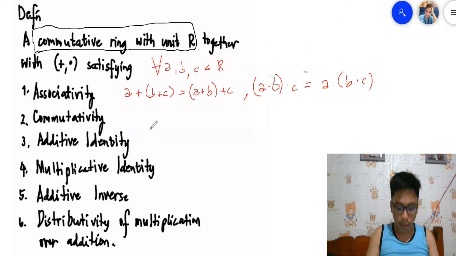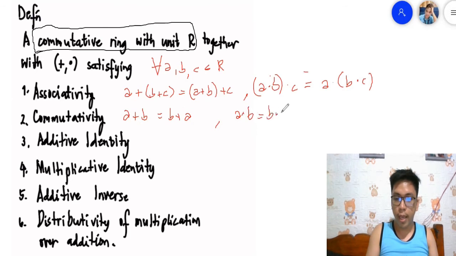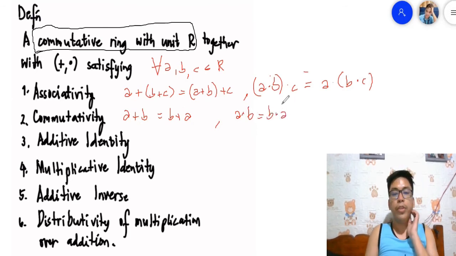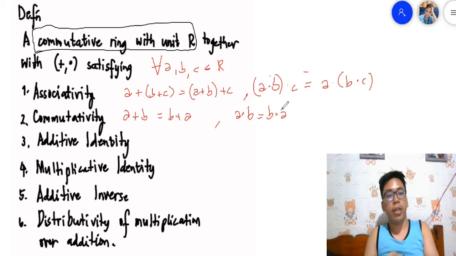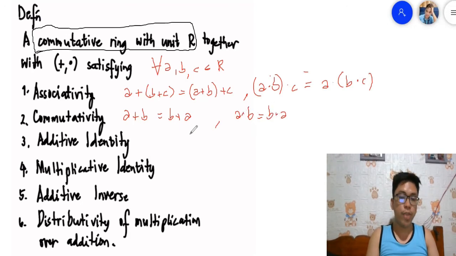Commutativity is in the sense that we have a plus b, and that's the same as b plus a. And we also have a dot b, and that's equal to b dot a. The reason why I am using the word dot instead of multiplication is that there could be a differently defined binary operation when we're talking about a commutative ring. So let's just focus on this being a dot in general.